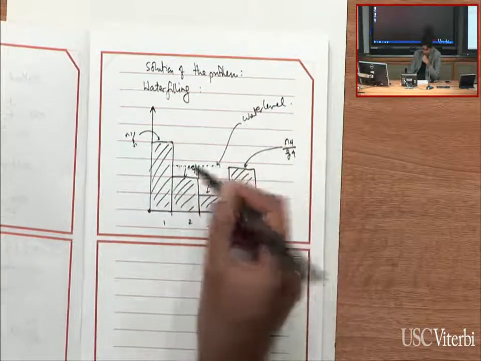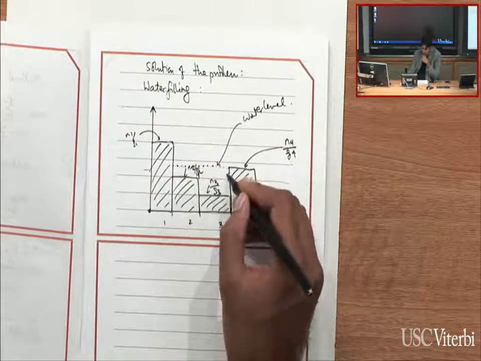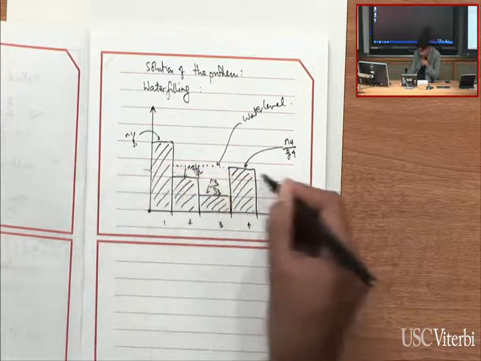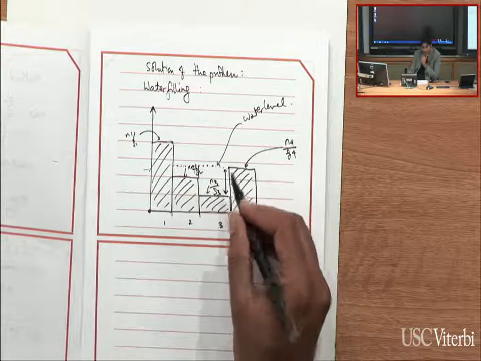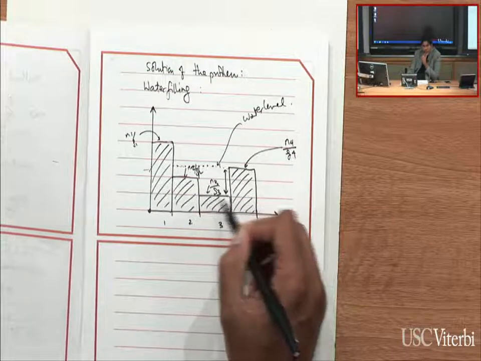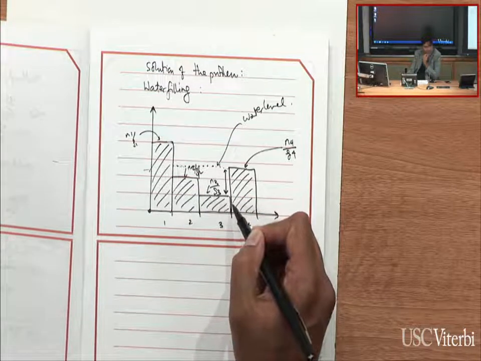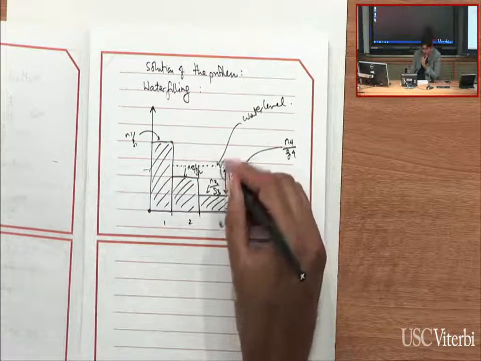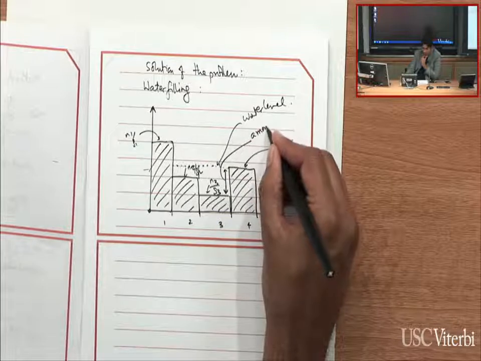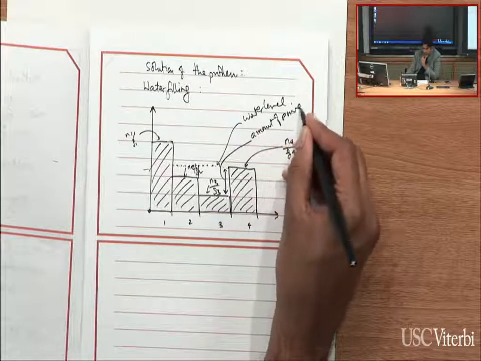And the water level is such that it's the same across all the channels. The height of that water level from the top of this bar, which represents the amount of noise you have, this represents the amount of power allocated.